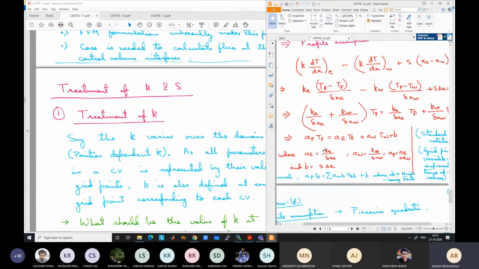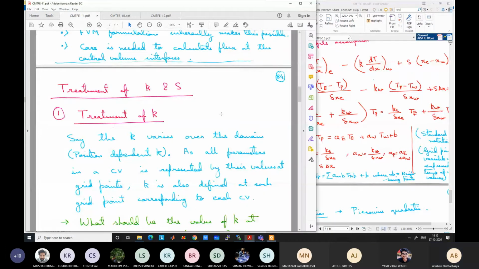So somehow we need to interpolate the conductivity or find the conductivity at the interface. Second is this B source term, which also has this S, the actual source term. That also needs to be treated if the source term is complicated, meaning if it is non-linear or not constant, if it is a function of the variable itself, in this case temperature.